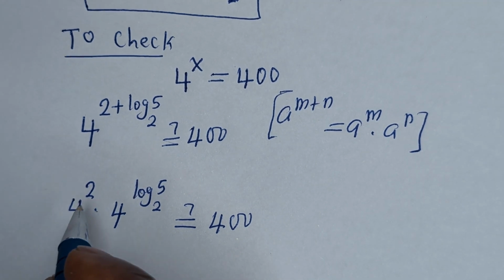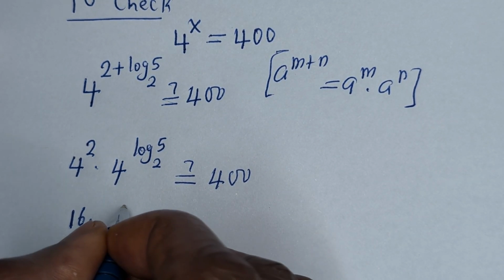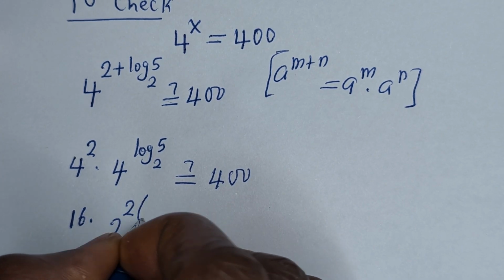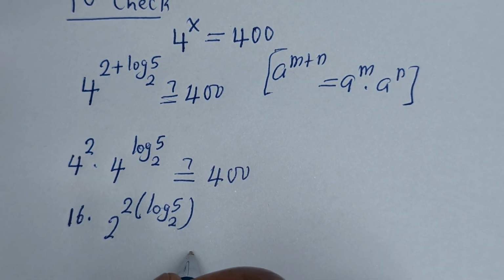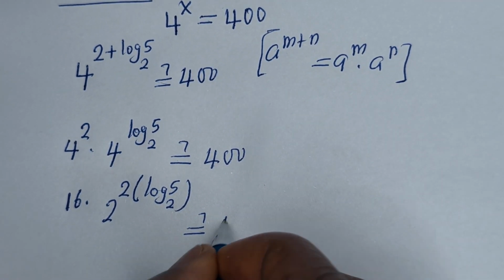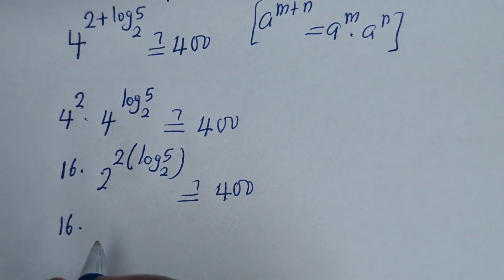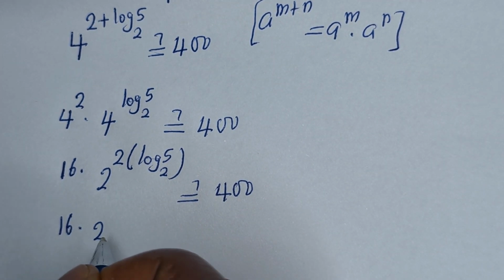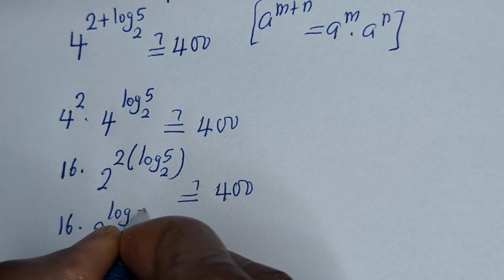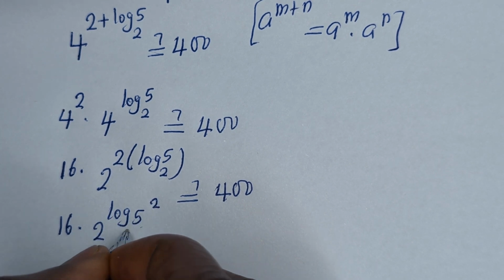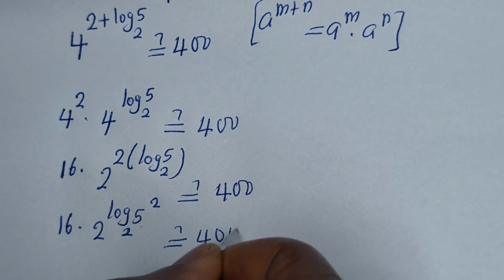4 raised to power 2, this is 16, multiplied by this can be written as 2 raised to power 2 times log 5 base 2, must be equal to 400. Here is 16 multiplied by 2 raised to power log 5 square base 2, must be equal to 400.